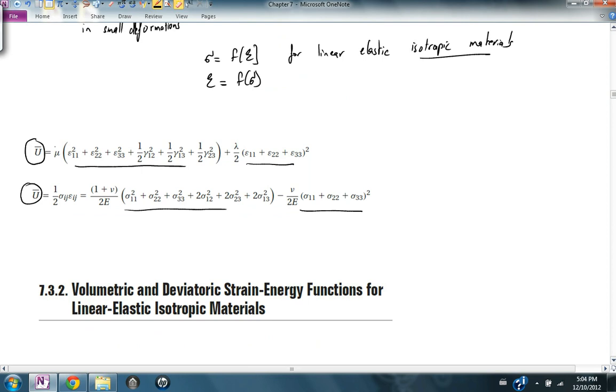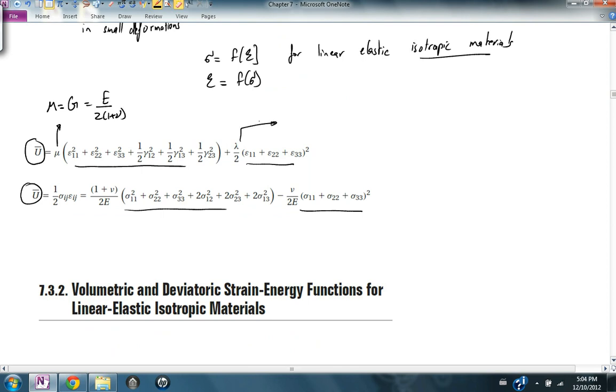And for these, mu is equal to G, which is equal to E divided by 2 times 1 plus Poisson's ratio.